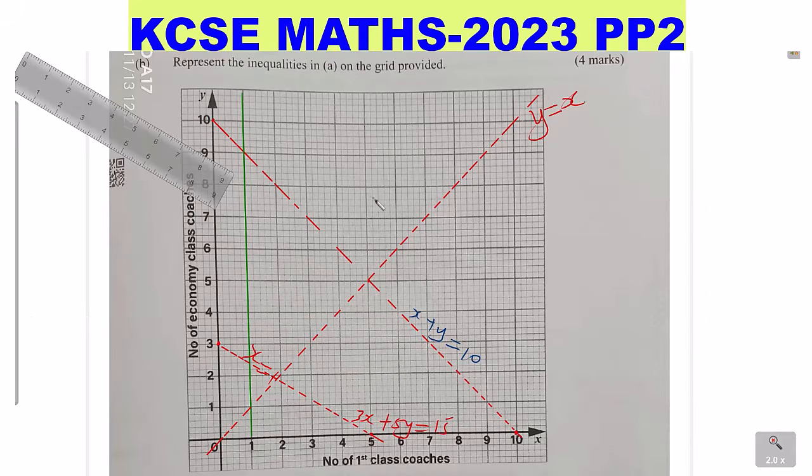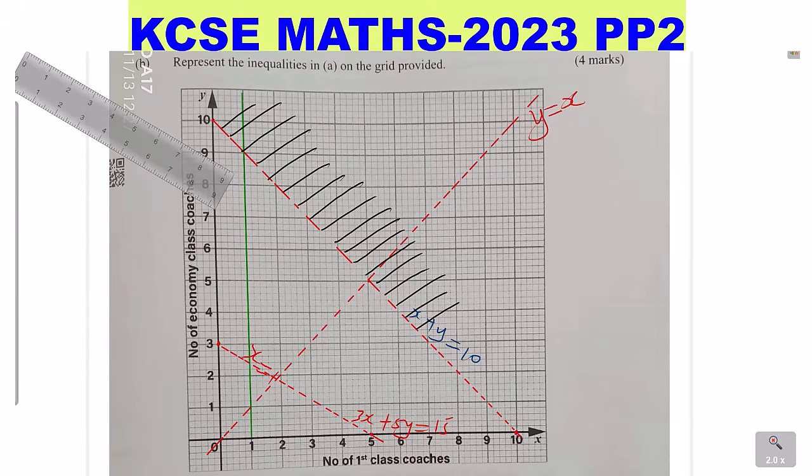Automatically the other side is not going to satisfy that inequality. You can't have two sides satisfying the inequality. So we are going to shade on the upper side of that line. Why? Because the point that you have picked on the other side of that line has satisfied the inequality. And remember, we shade the unwanted sides. So that is the unwanted side.